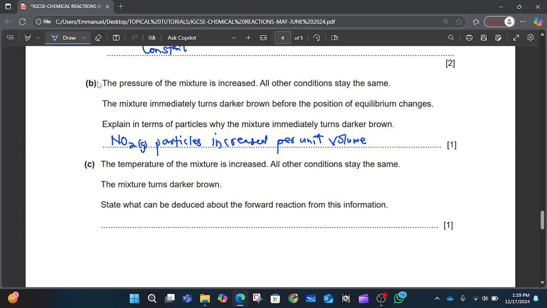C. The temperature of the mixture is increased. All other conditions stay the same. The mixture turns darker brown. State what can be deduced about the forward reaction from this information. So when the temperature of a reaction in the equilibrium is increased, the equilibrium shifts to the endothermic side.